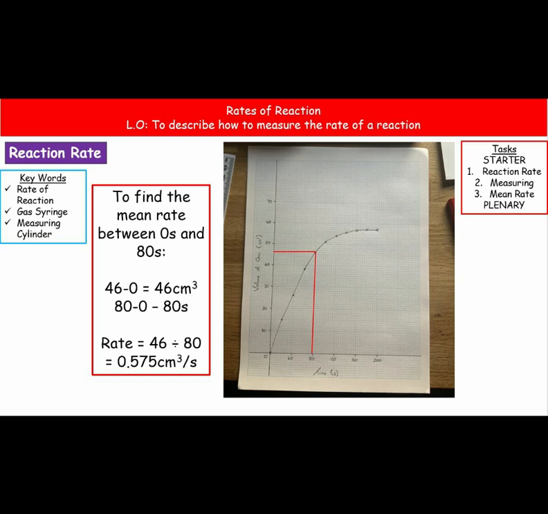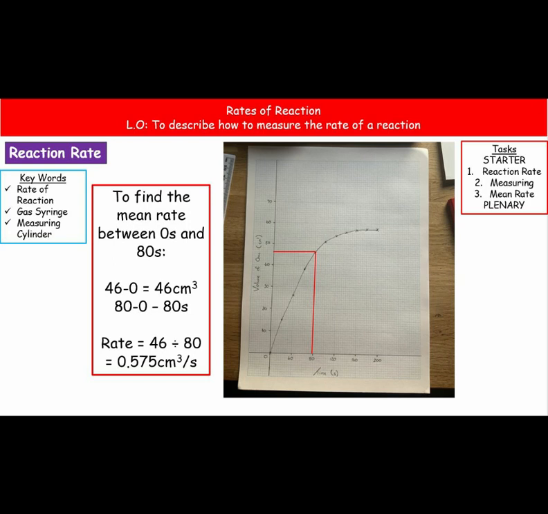Now, this is where you're going to have either the mean rate of the whole experiment or potentially the mean rate between 2 times that they will give you. So in this one, I've asked us to find the mean rate between 0 seconds and 80 seconds. So in order to do this, from your graph that you've probably drawn for about 4 marks in the previous part of the question, then what we actually do is we need to identify those 2 times that we've been given.